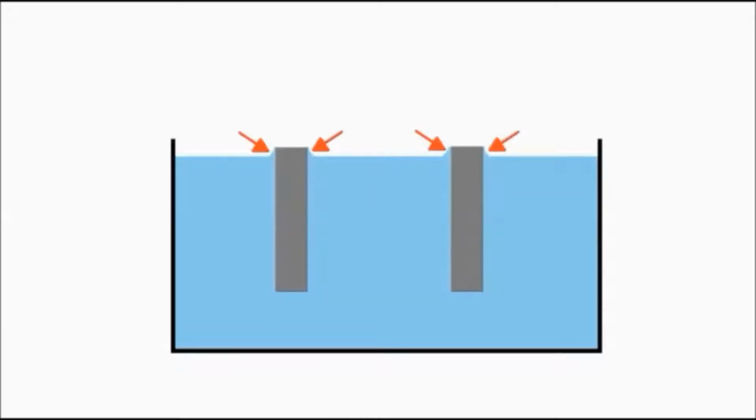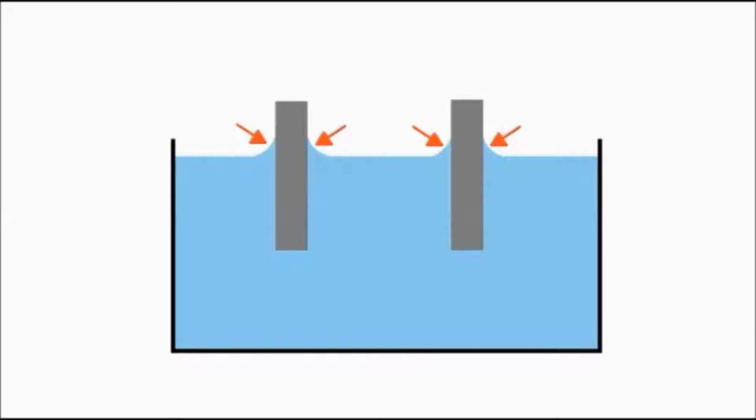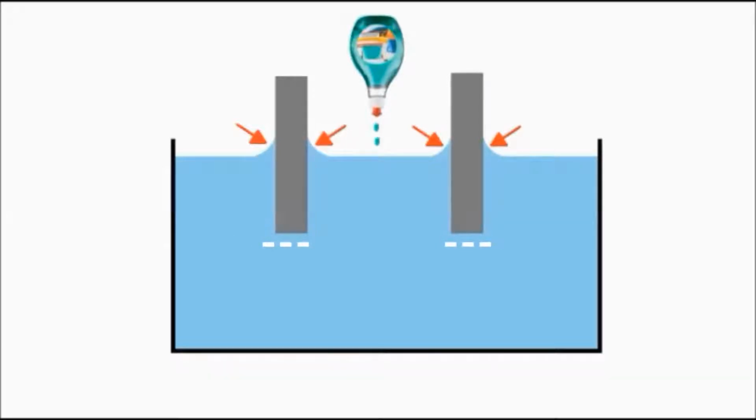As you know, if the matches rise, you can see these little water hills in the surrounding area, and if you put some washing up liquid into the water, the matches go up and the water hills decrease.